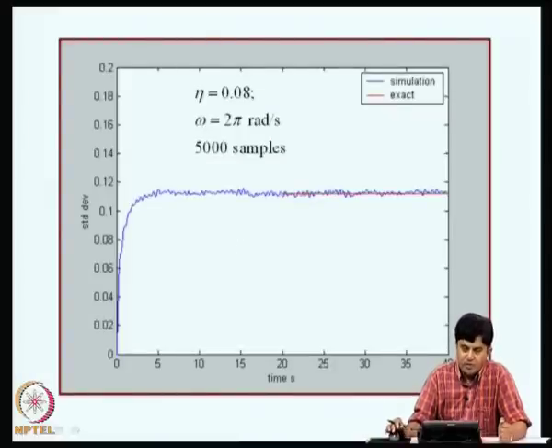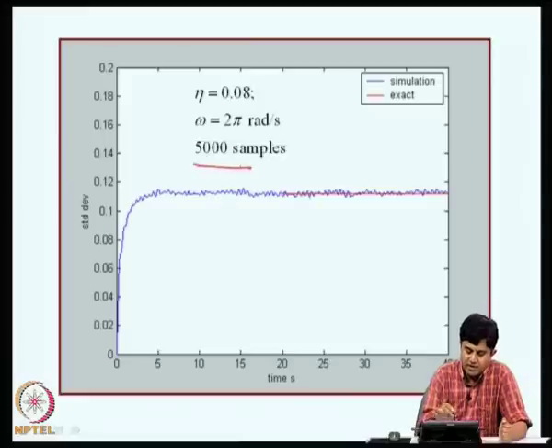We can run these maps and we can get time histories of displacement and velocity. So, what I have done is generate an ensemble of 5000 samples of x of t and x dot of t and carried out ensemble averaging to estimate the standard deviation of the response. The system is linear and it is driven by a Gaussian white noise, and we know the exact solution for this case.